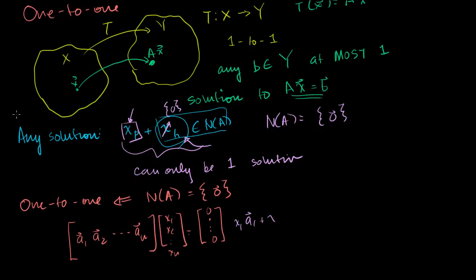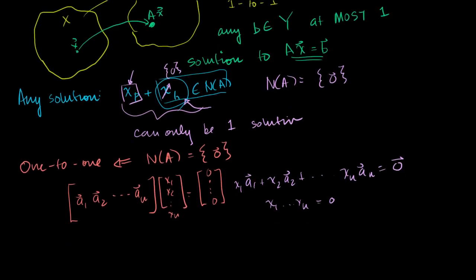So this statement right here is equivalent to x1 times a1 plus x2 times a2 plus all the way to xn times an is equal to the 0 vector, where the x1 through xn are scalars. Now, if we say the null space is 0, we're saying the only way that this is satisfied is if x1 all the way to xn is equal to 0. And this is our definition, actually, of linear independence.